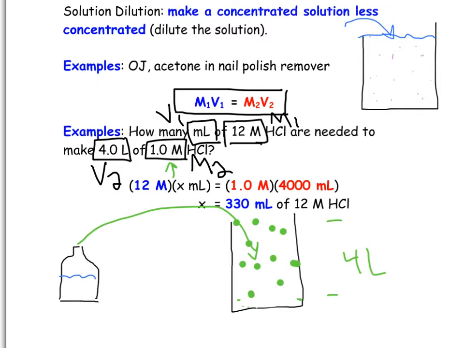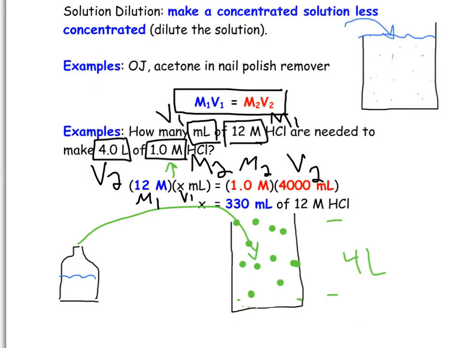So when we plug that in here, we can see that we have our M1 times our X amounts of V1 are equal to M2 times 4,000 milliliters of second solution. So this is really a starting and a final product.